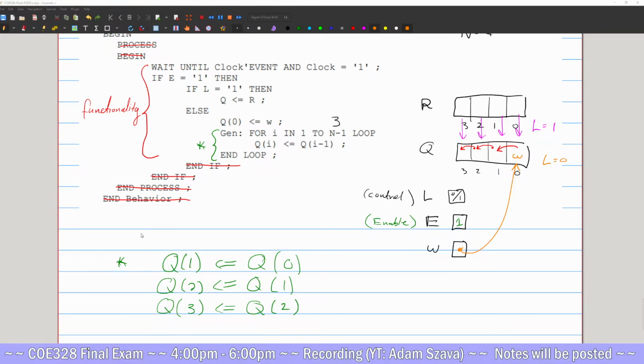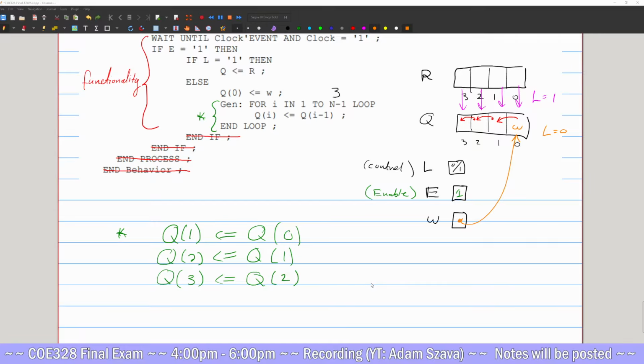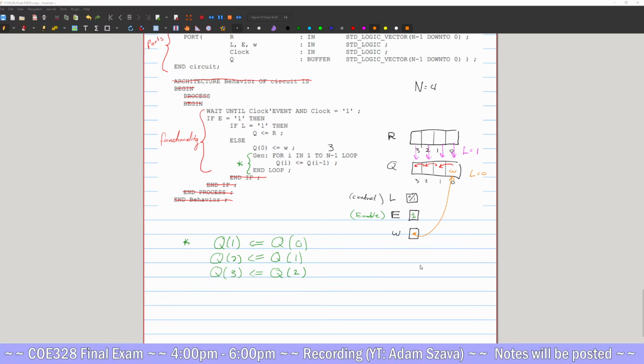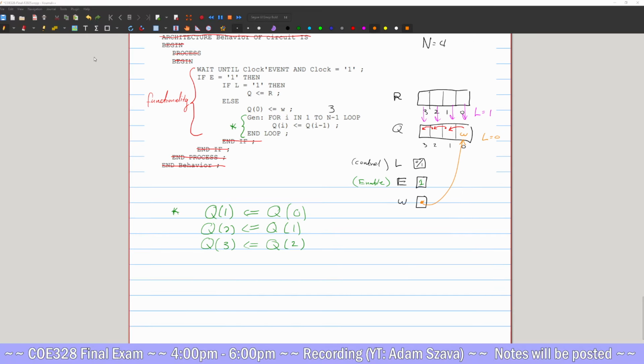So hopefully that makes sense. Okay, well, yeah. So how would you describe this? What does this circuit do? That's just how VHDL works. We're describing what happens at one clock event, right? At a single clock event. If it happened in sequence, we would need multiple clock events for the signals to settle.